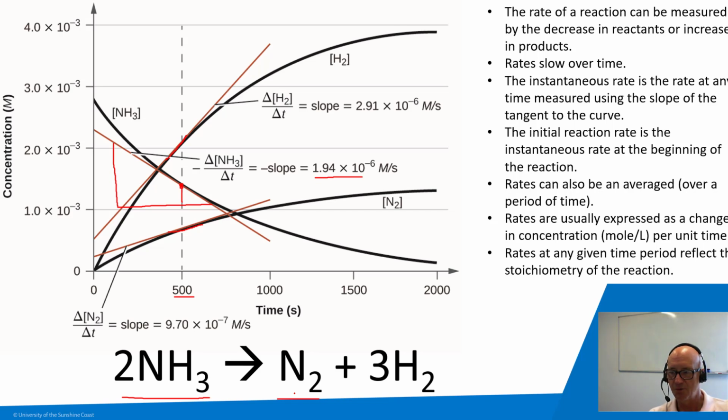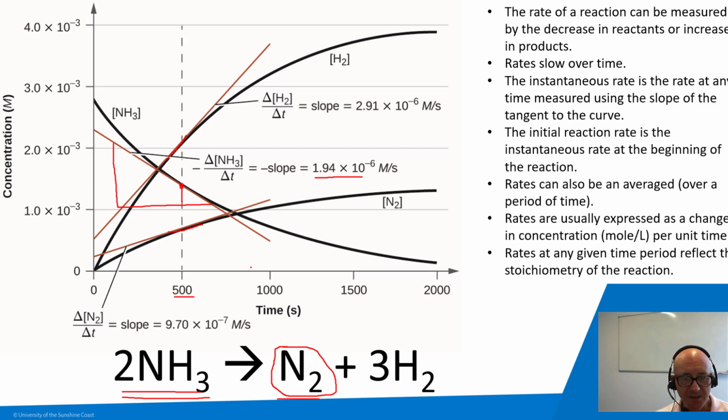So it's 2, goes backwards in mirror form, 2 ammonia produce 1 N2. 2 ammonia, 1 N2, like that. So you would think that the N2 production here would be going up at half the rate that the ammonia is actually decreasing.